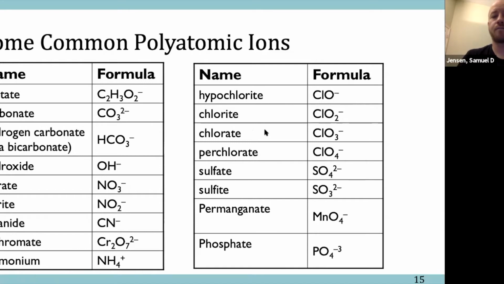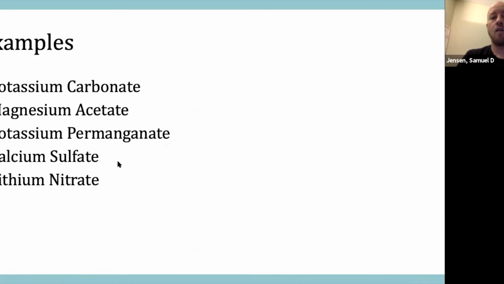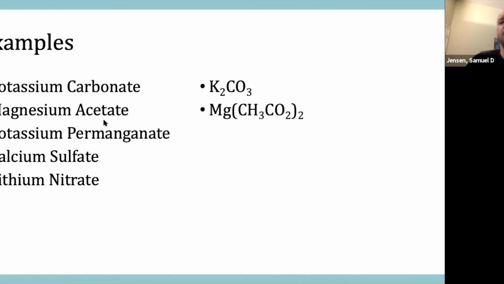Now, when they get into molecules, you need to know what the formula is. If we say potassium carbonate, to put this molecule together you need to know the charge on a carbonate so that you can make the right molecule. Magnesium acetate: here you'll see the parentheses again, just like in the molecular weight problem we may have done earlier.